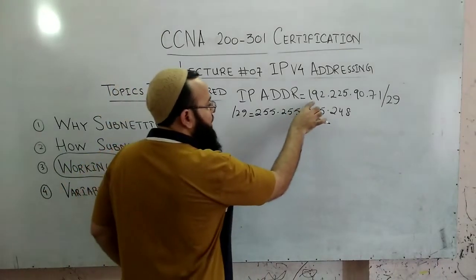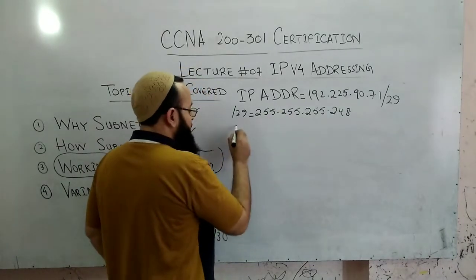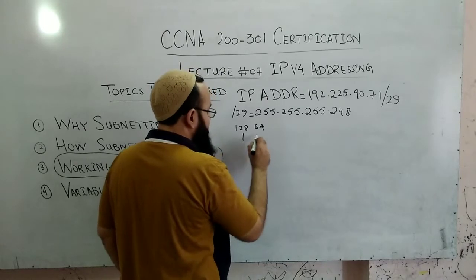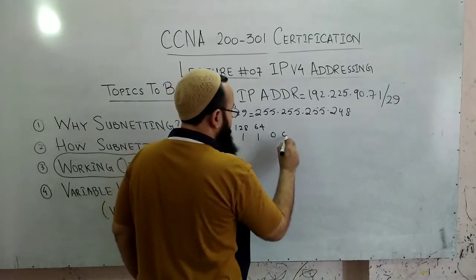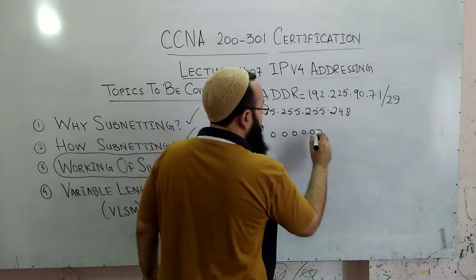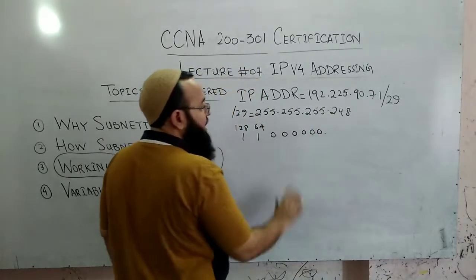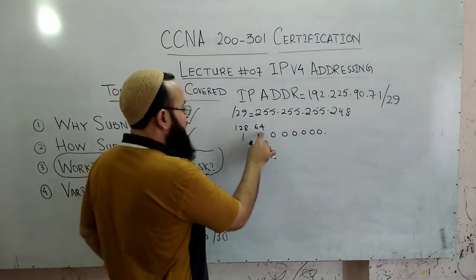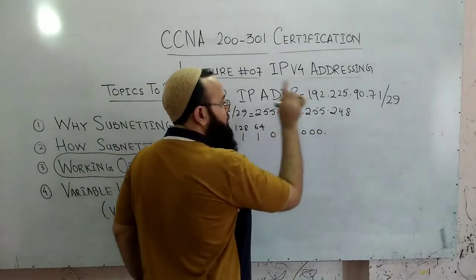So if you have this 192, then how will you convert it? This 192 is basically double 1 and all zeros: 1, 2, 3, 4, 5, 6, 7, 8. This corresponds to 192. 128 and 64 when added become equal to 192.